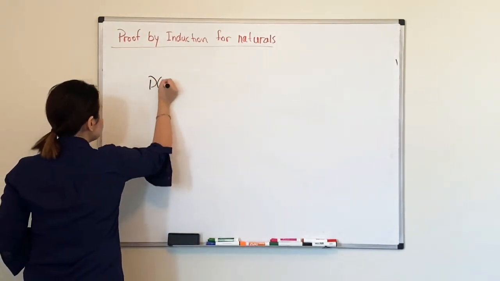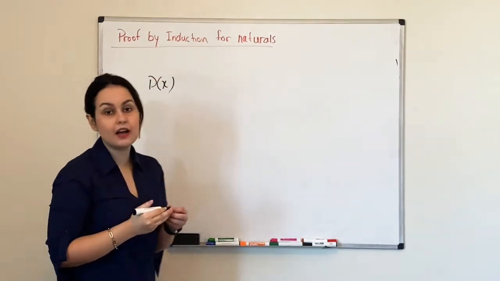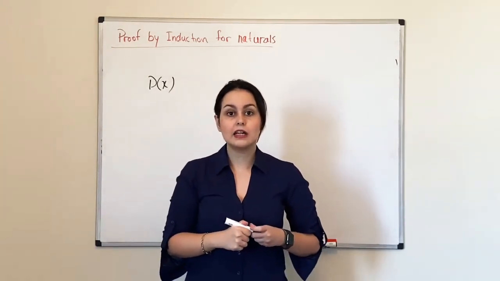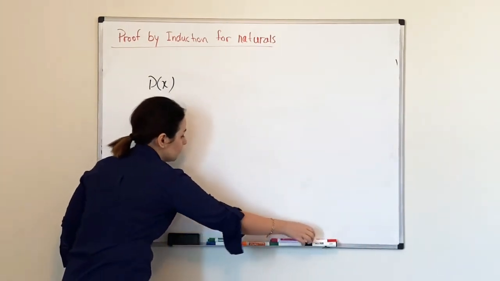I have a predicate. That predicate has one free variable, and that free variable is of type natural.